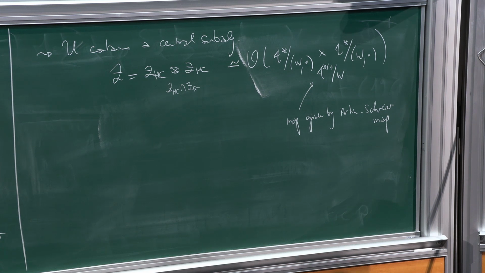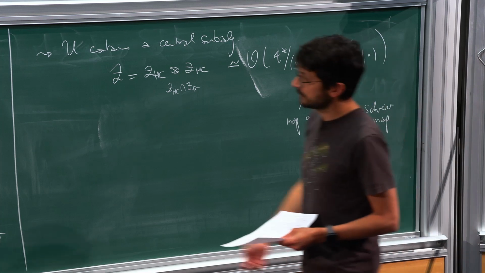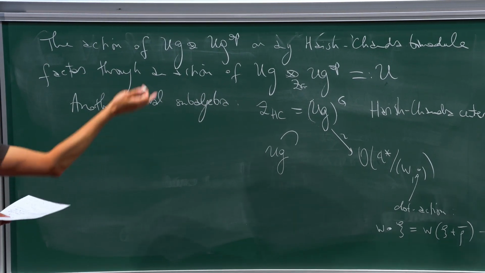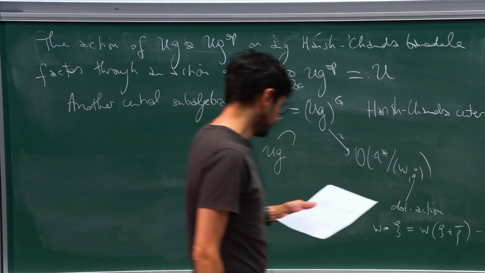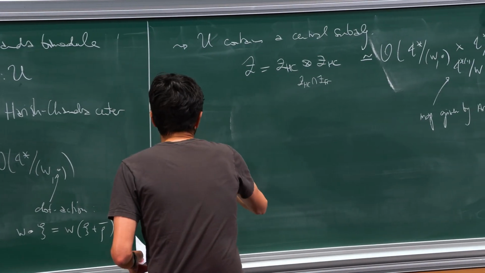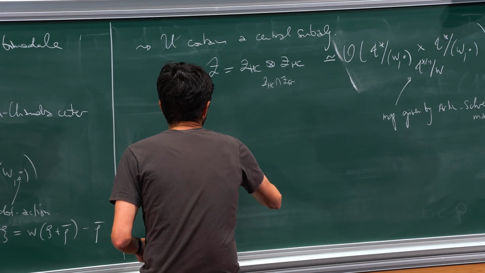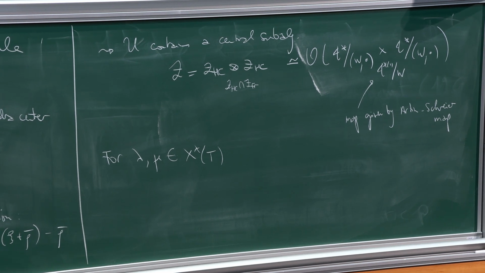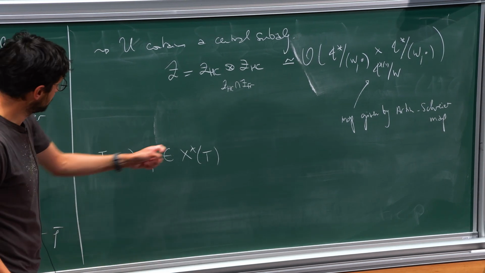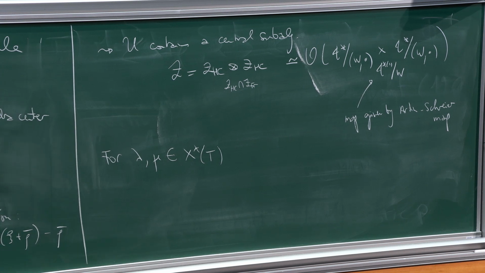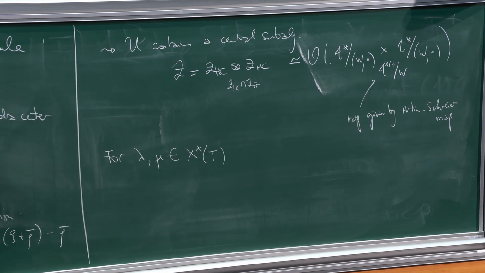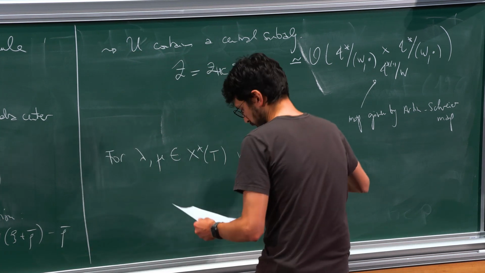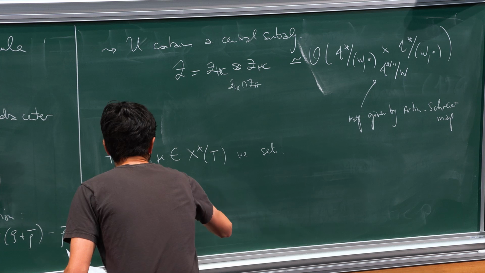And so we will be interested in some modules over this algebra U, which have some properties with respect to this center. More precisely, now I want to take two characters of the torus. I can take the differential to get elements in the dual of the Lie algebra of the torus, and I want to introduce some notations.